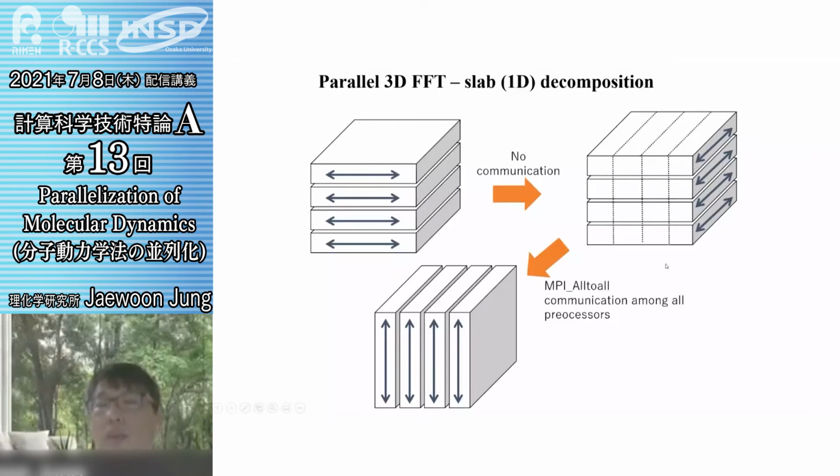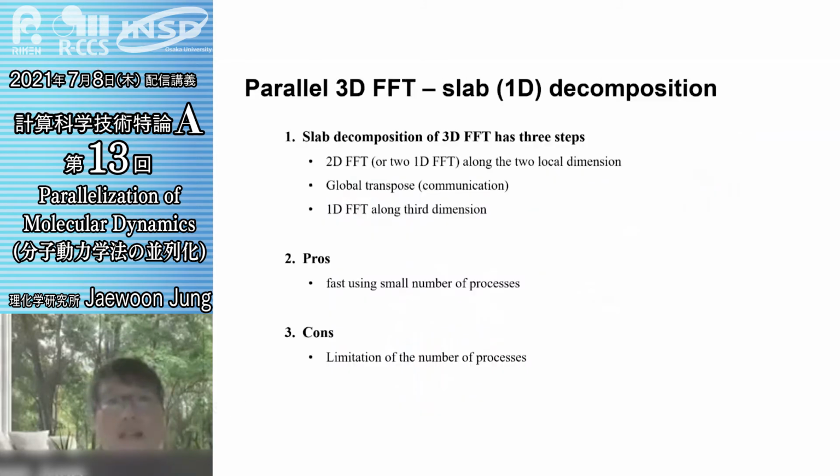But in performing FFT, we need global information in this direction. So in this case, we perform MPI all-to-all, such that every processor has the data in this way. Then you can perform FFT. So for the FFT, we need only one MPI all-to-all communication. So the good thing is that this is fast if we use a very small number of processes, but it has the limitation for a larger number of processors.